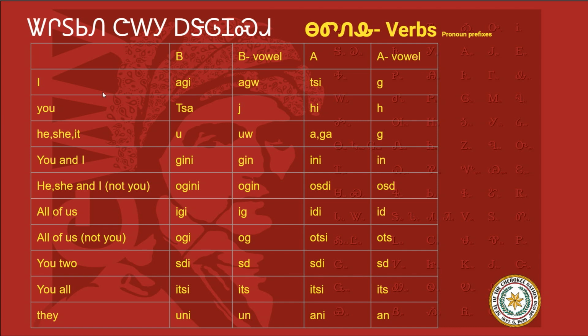So for I: agi yoshi, I'm hungry, right? Agua duli, I want it. G woni, I'm speaking. Ganelti, I'm trying, right? So then for you, we have yosi, you're hungry, right?